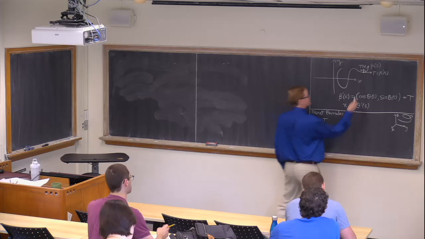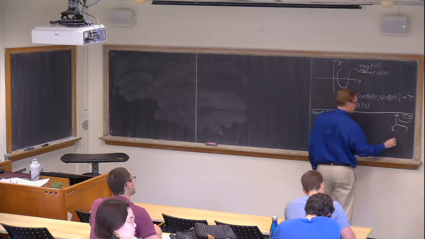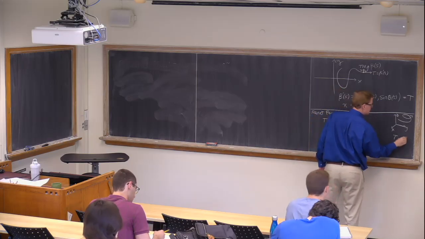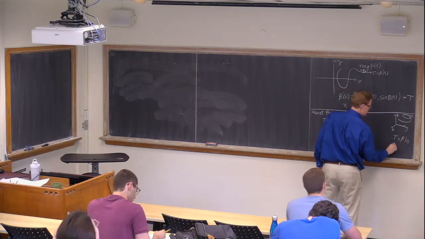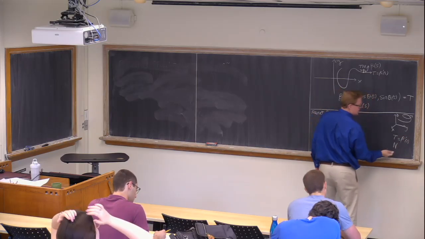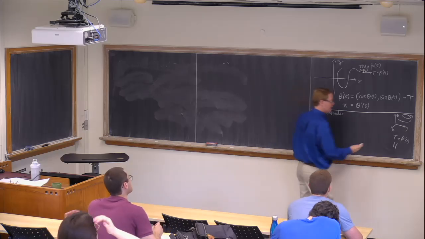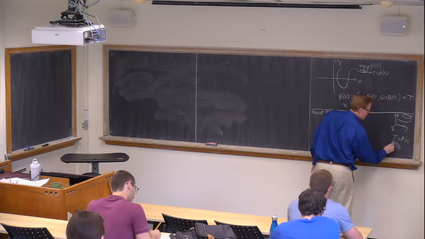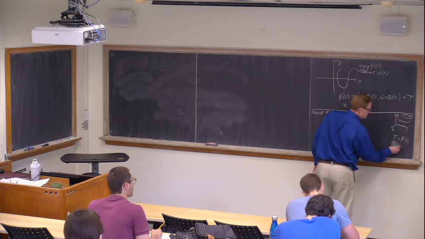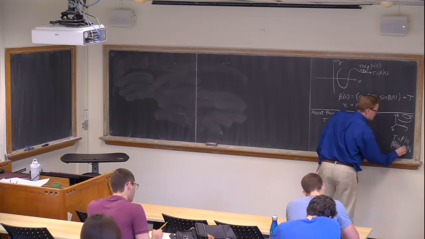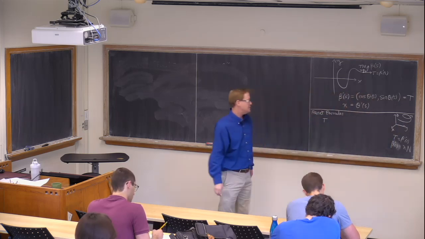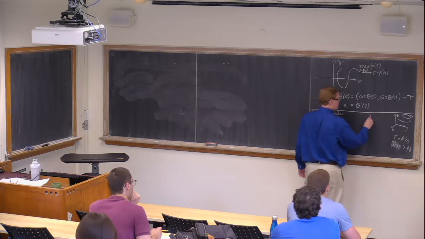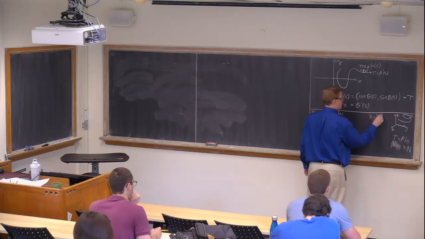The second direction was n. Let's take a unit speed curve. N was in the direction of beta double prime of s, and whatever that magnitude is, we call that kappa. So kappa is just the length of beta double prime of s.